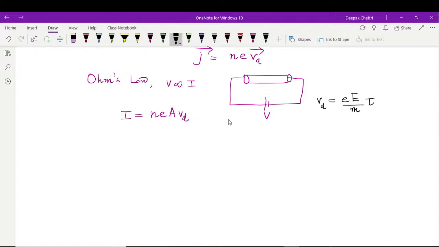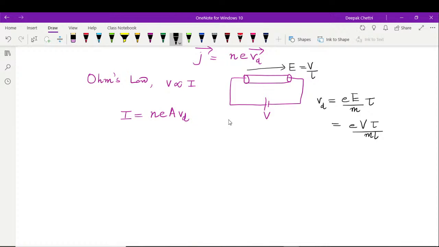Now I told you if V is the applied potential difference, then there will be an electric field acting here, and that is E, and the formula for E is V by L. So Vd I can write in terms of potential as eV tau by mL, right? I'm just putting the formulas here.